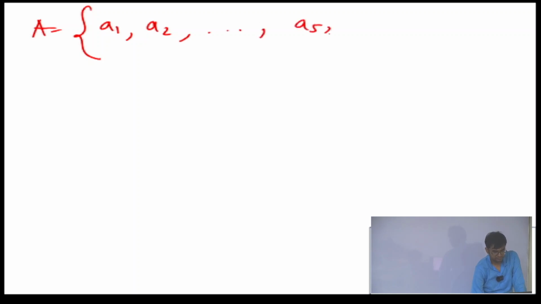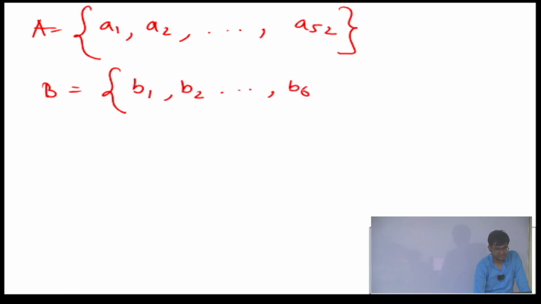So, in that case, A will take values A1, A2, up to A52. You can think of A1 to be, let us say, red spade, A2 can be black spade, like that. 8 of clubs, 7 of diamonds, like that you can think of 52 events. And B will have 6 values: getting a 1, getting a 2, getting a 3, up to a 6.